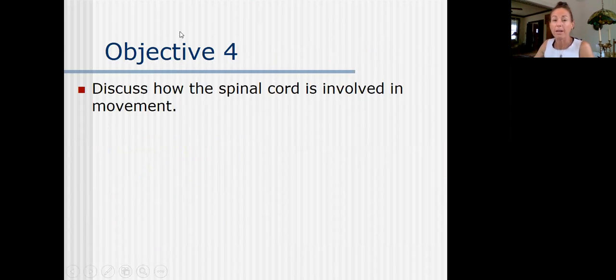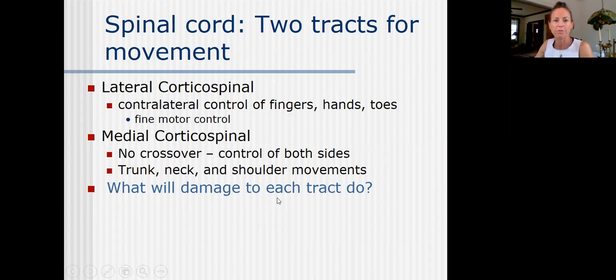Okay, we're going to talk a little bit about how the spinal cord is involved in movement. We've got a couple of tracts down the spinal cord for movement. One is called the lateral corticospinal, and lateral, of course, means on the outside, to the sides. This is your control of your fingers, your hands, your toes, all of your fine motor control out in the periphery of your body.